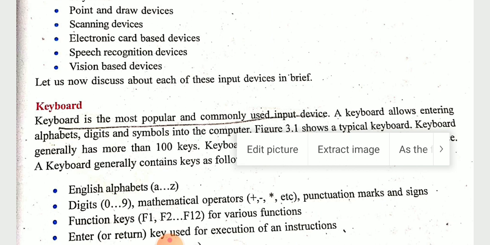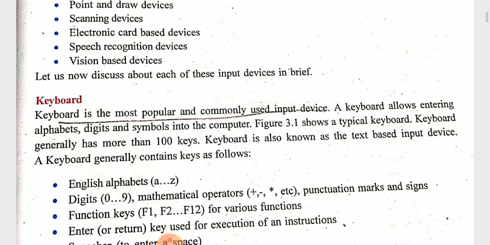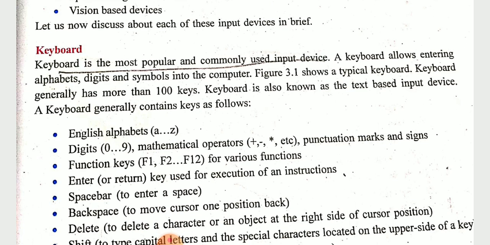A keyboard generally has approximately 102 to 104 keys. But do you know what keys are? The small buttons on the keyboard are called keys.